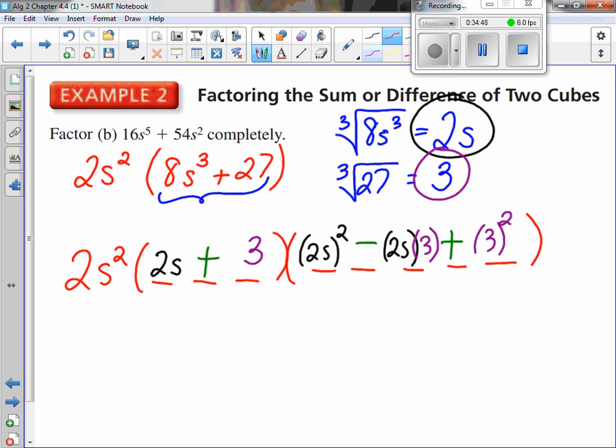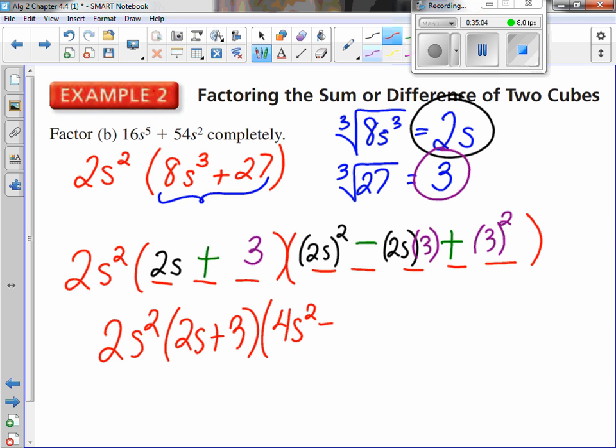Now, if up to this point you've been wondering why do we write it in parentheses? Because 2s plus 3 doesn't change. Well, what would 2s squared be? It would be 4s squared. We have to square both terms, because it's 4s times 4s.